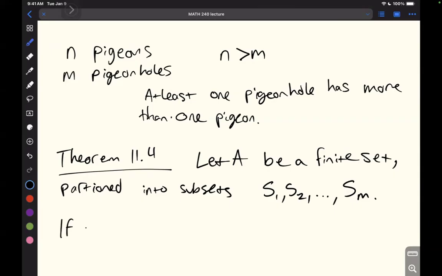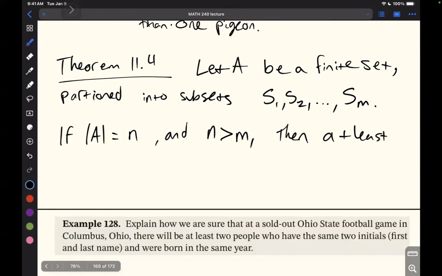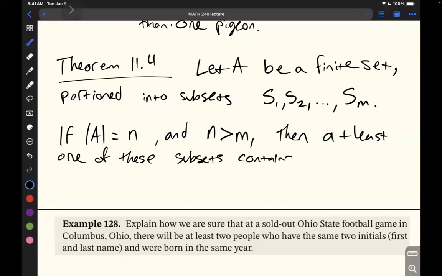Then, if the number of things in A is N, and N is greater than M, then at least one of these subsets contains more than one element.